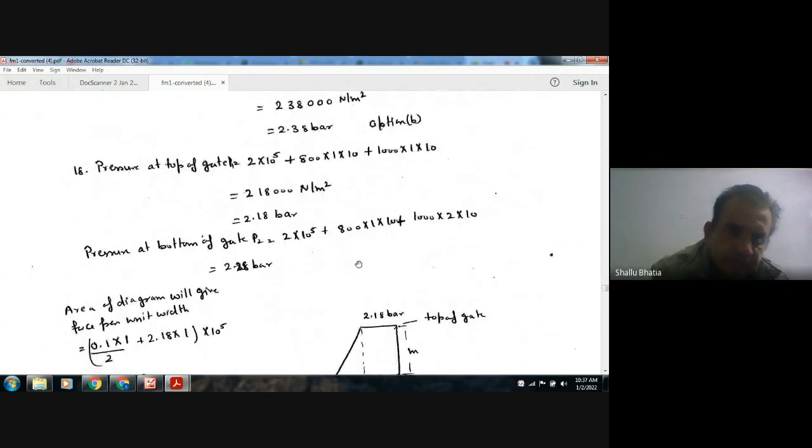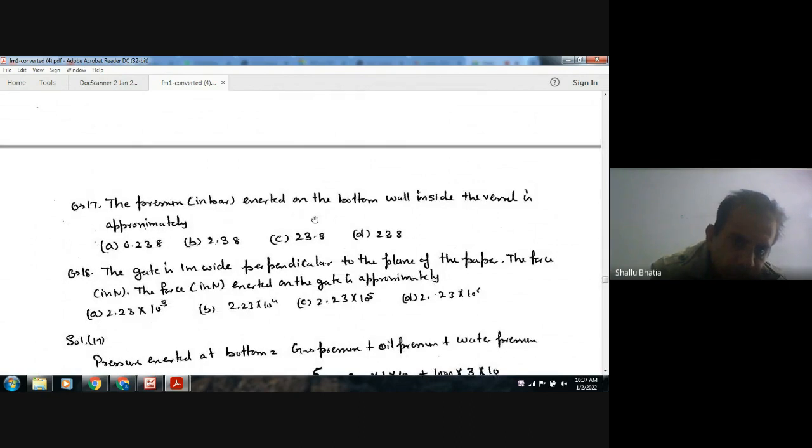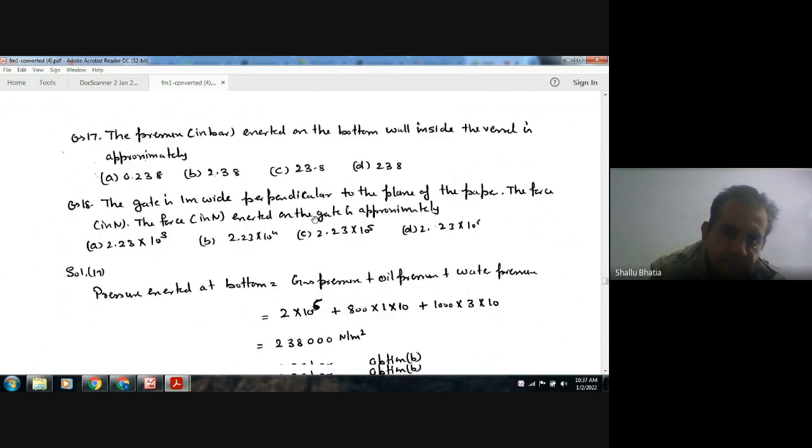Next, now pressure on the top of the gate. So we have to find the force generated on the gate, which is approximately.